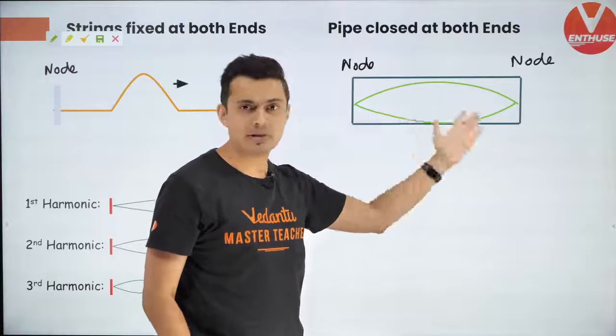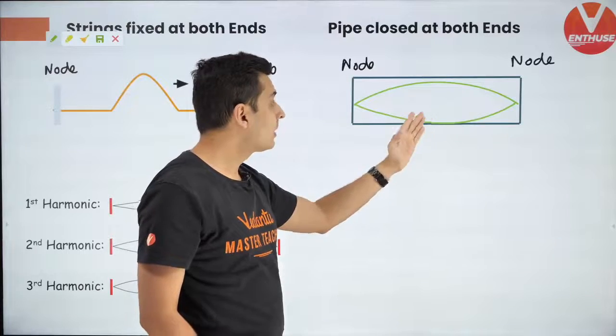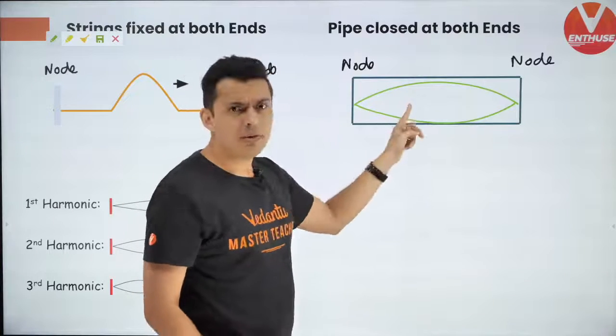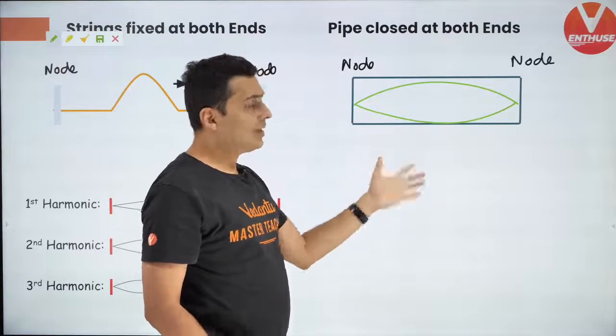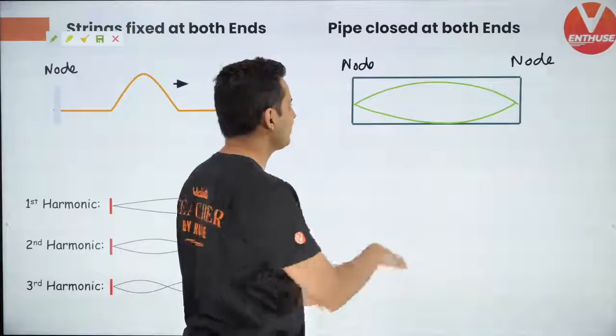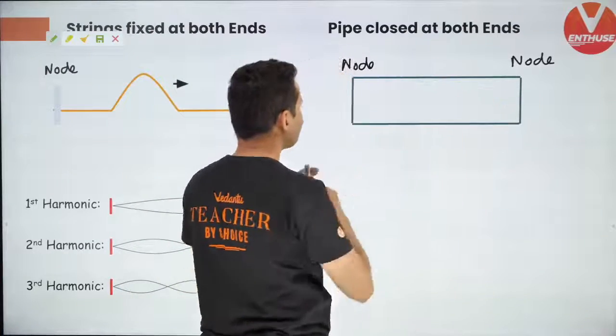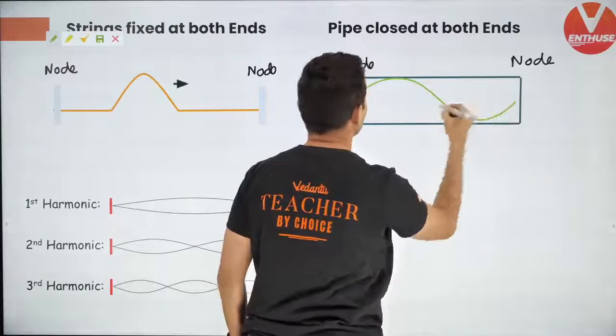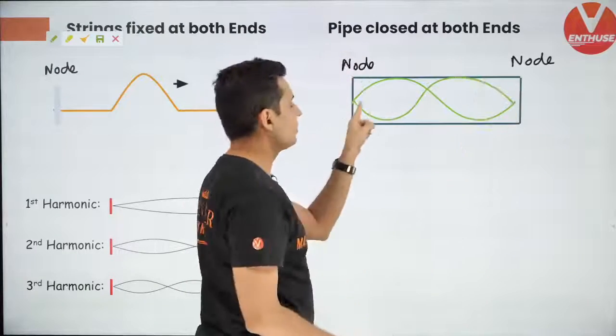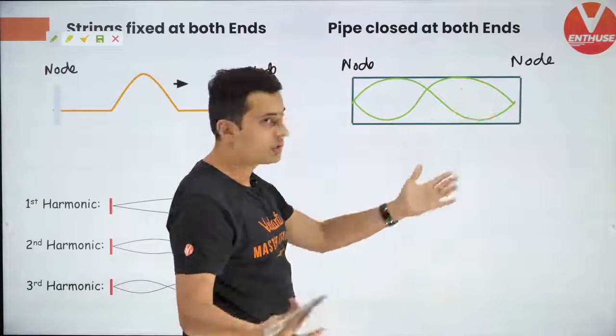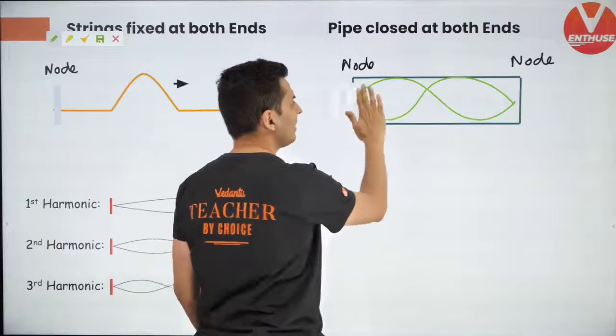Obviously, that's one possibility. I hope that makes sense. Then I tell you, is that the only possibility? Then you will think again, well, no, actually, you can have more possibilities like this one. You can have two lobes like this. Well, this is also a node, this is also a node, this is also a possibility. Is this the only one? No, there are more.